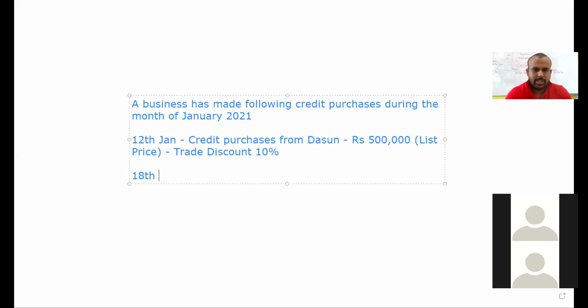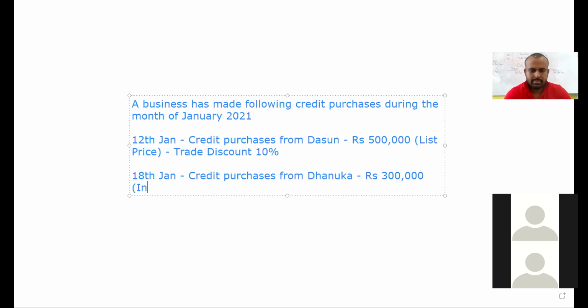Then on 18 Jan, credit purchase from Dhanuka, rupees 300,000, but that is invoice price.